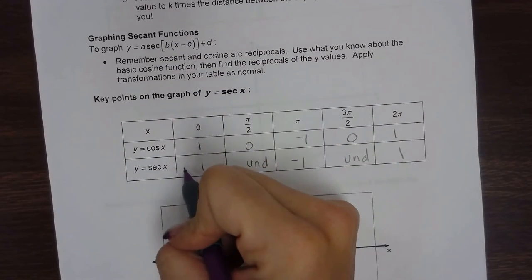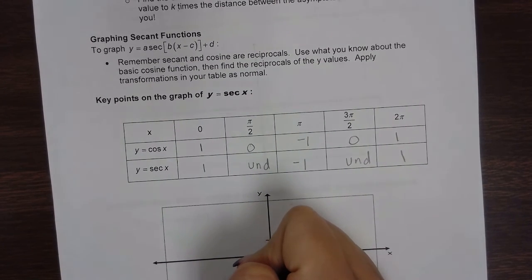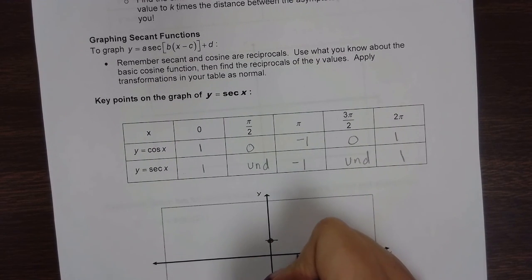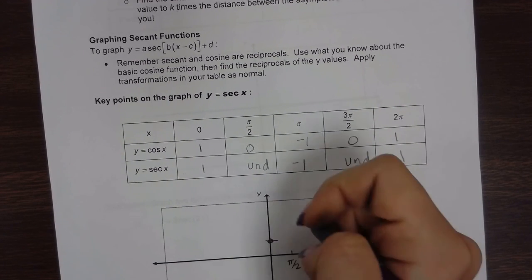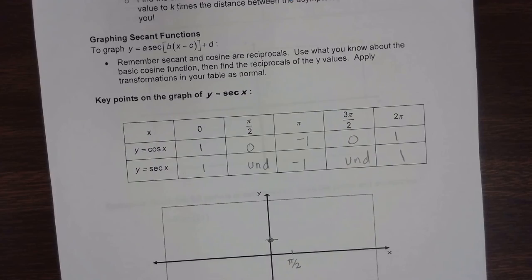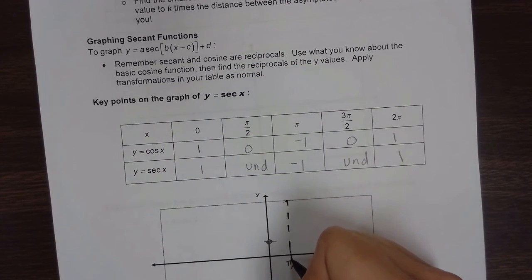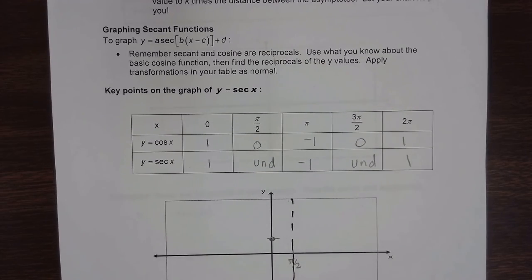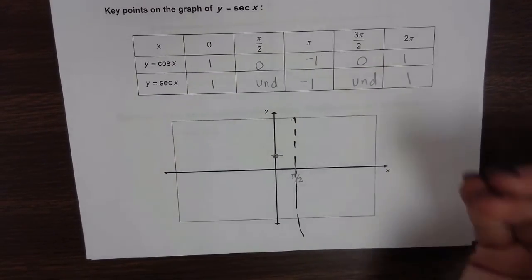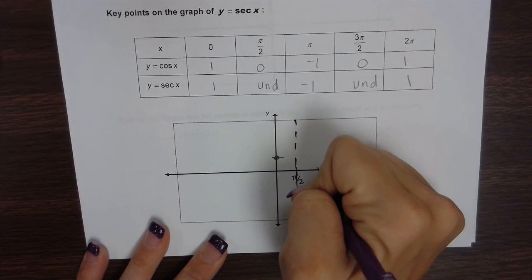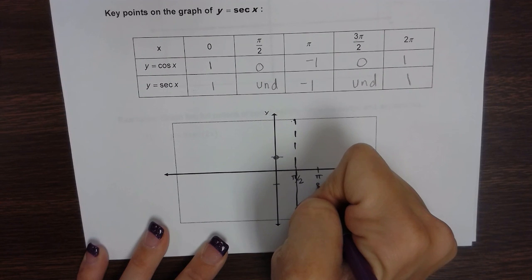Alright, so I'm going to graph the secant. At 0, it is at 1. At pi over 2, we have a vertical asymptote since it's undefined. At pi, we're at negative 1.